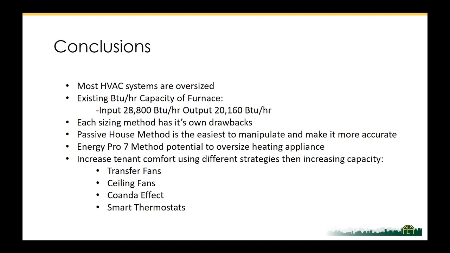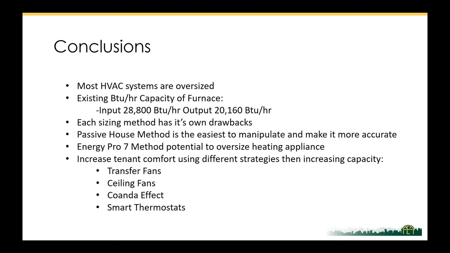So by putting the mini split near the ceiling, it actually distributes the heat a lot more efficiently than if you put it lower, because it's going to spread along the ceiling and actually spread around the unit.